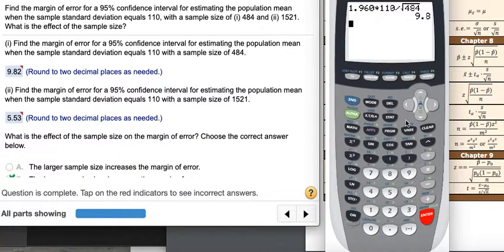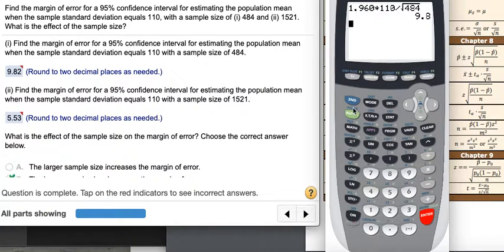I'm not sure where they got the 9.82 from, because we'd use 4 digits of accuracy here, and this is exact. Maybe they used less precision on their t-score.